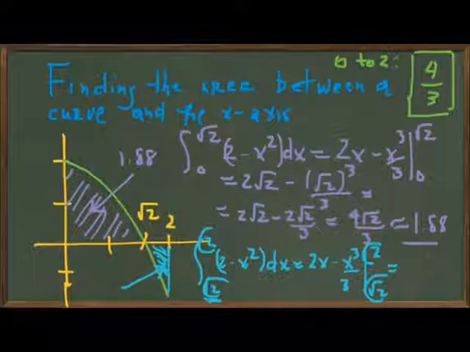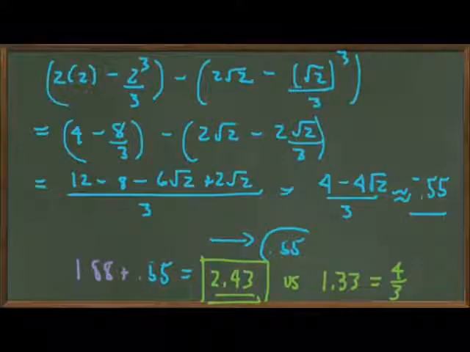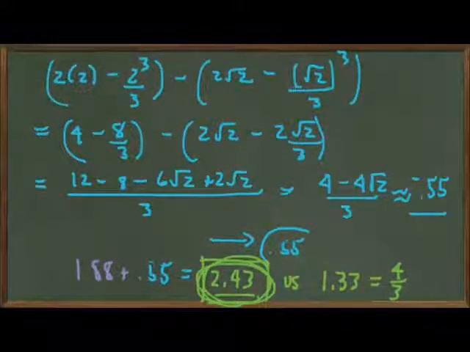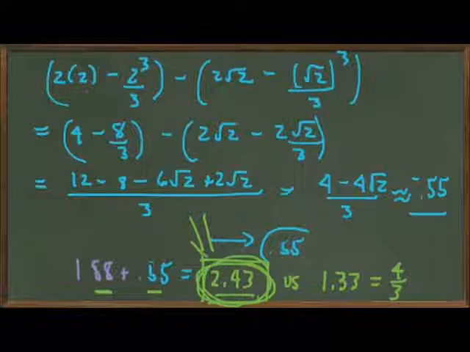The difference between the two answers is that this 4/3 right here is actually the purple region's area minus the turquoise region's area, whereas the correct answer is the sum of the two areas. Notice that if we take the 0.55 away from 1.88, that would give us the 1.33. So the correct answer is 2.43, the area of the two regions added together.